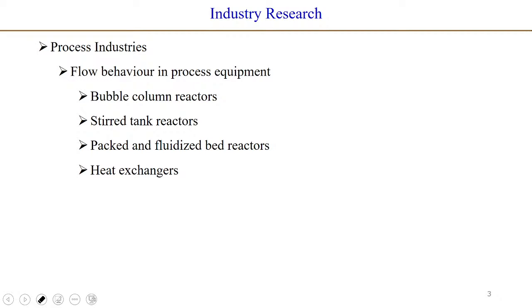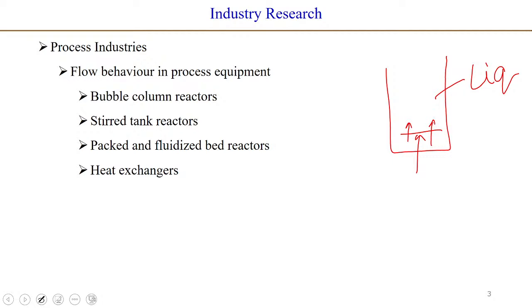For example, in a bubble column reactor, you have a continuous pool of liquid, and in this liquid you introduce gas through a sparger and the gas goes up in the form of bubbles. The size of these bubbles can be homogeneous, or they can merge together and coalesce, and that will decide what kind of flow regime or gas-liquid distribution you will get in your system. All that is very much relevant for industrial applications.